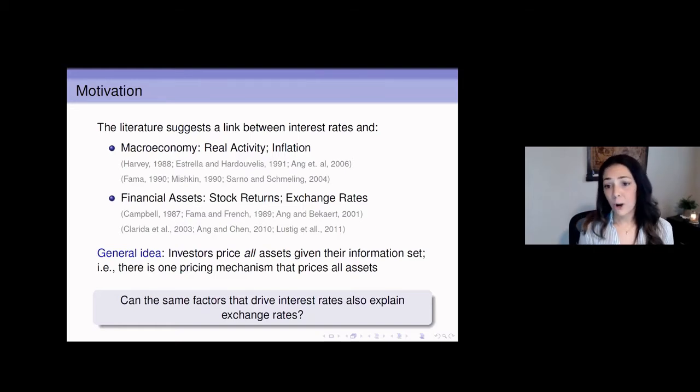And if we look at nominal versus real interest rates, for example, we can extract information about expected inflation. Interest rates have also been linked to stock returns. So if we want to know how expected future cash flows are being evaluated for equity markets, we want to look at interest rates and also expected interest rates in the future.